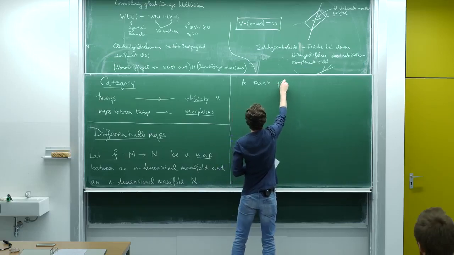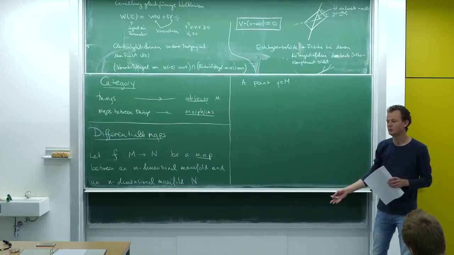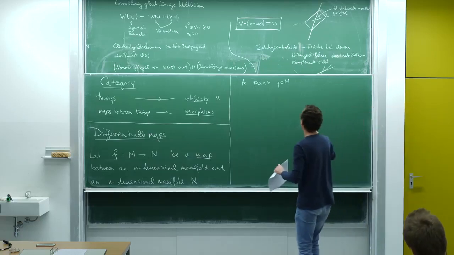So if you have some point in the manifold M, because it's a map, there's going to be a point in the manifold N. That's what it means to have a map.